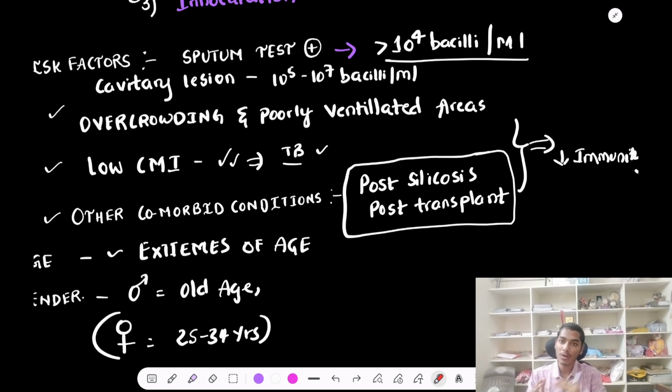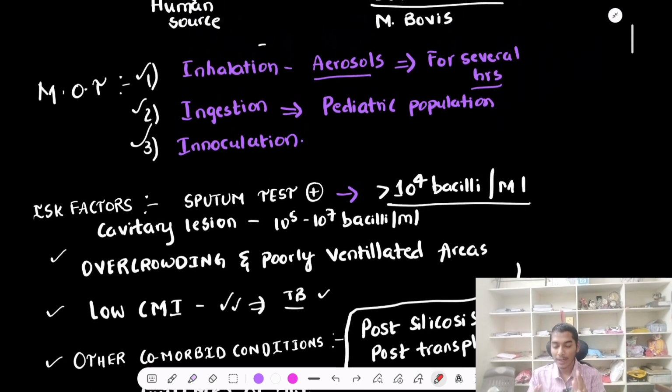If there are more than two persons, there will be overcrowding. So we have seen the mode of transmission, this is because of the inhalation. So if two persons are in close proximity, there is more chance of transmission of this infection.